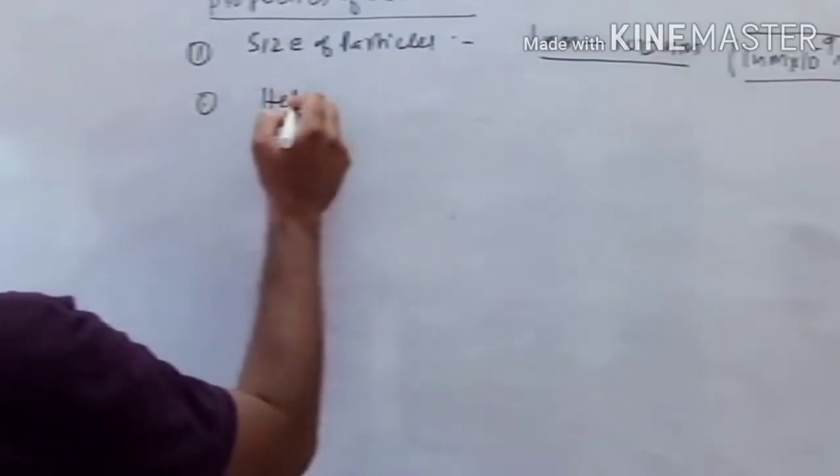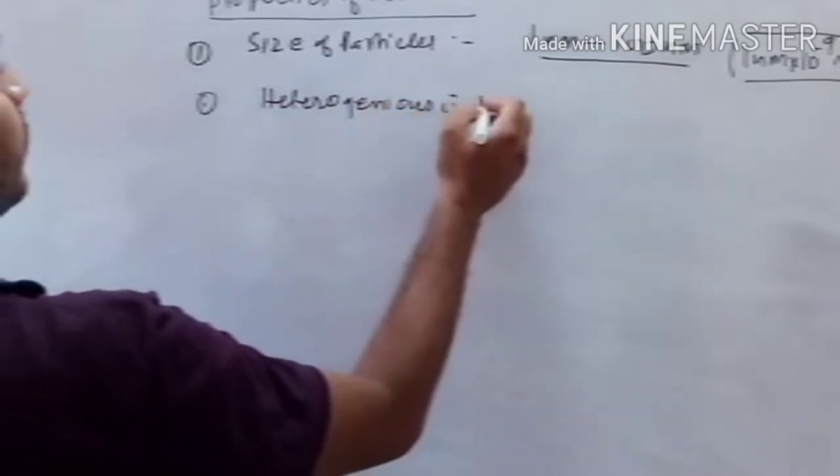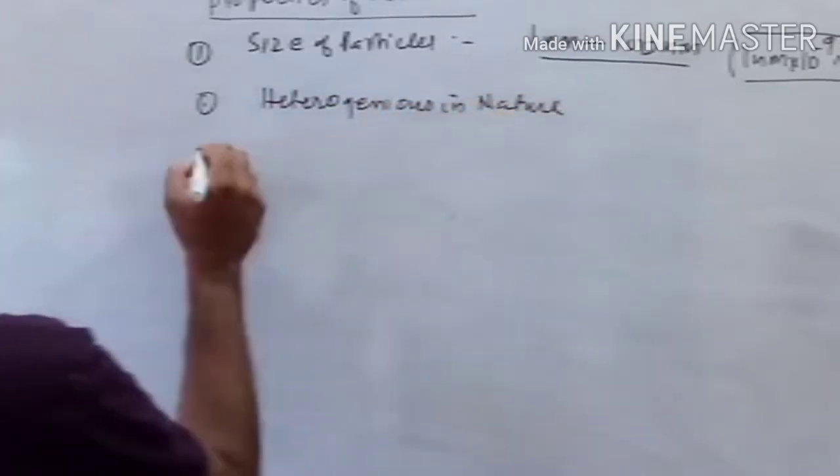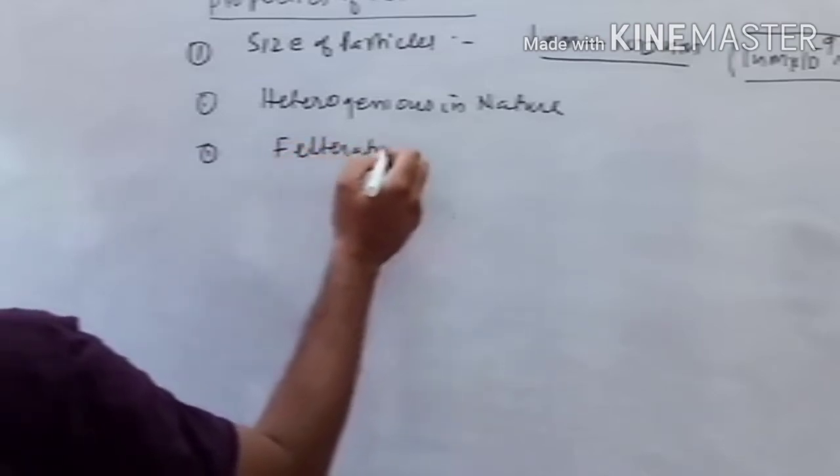Now the second property is heterogeneous. It is heterogeneous in nature. Right, children? Third point is filterability.